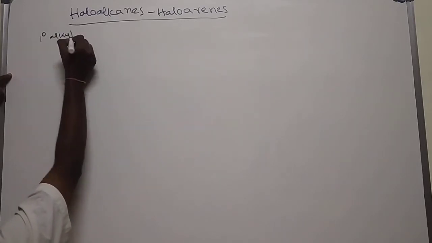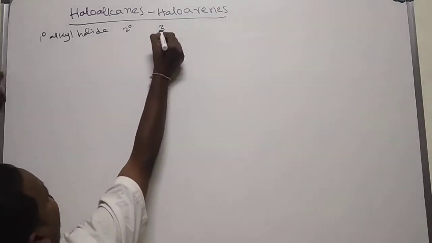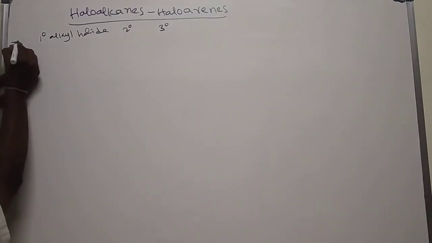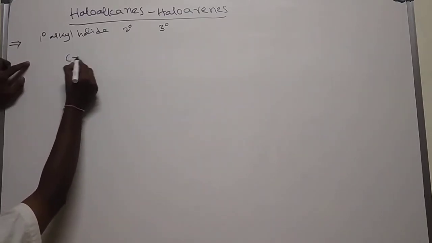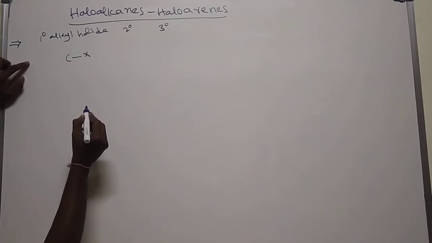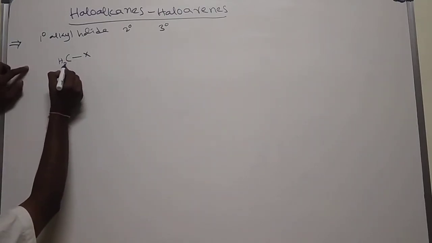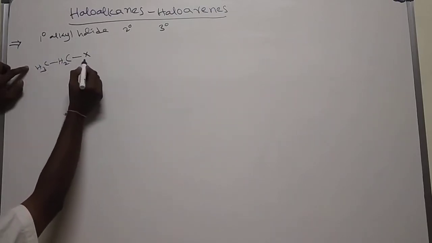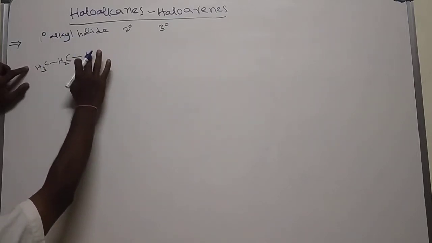Primary alkyl halide, secondary alkyl halide, tertiary alkyl halide. Primary alkyl halide means, in alkanes, the halogen is attached to a primary carbon, which we call a primary alkyl halide.